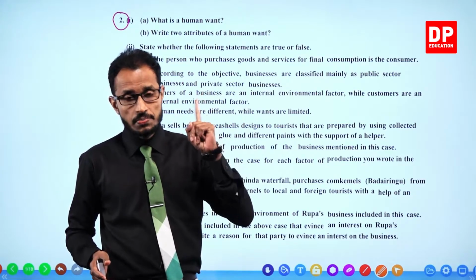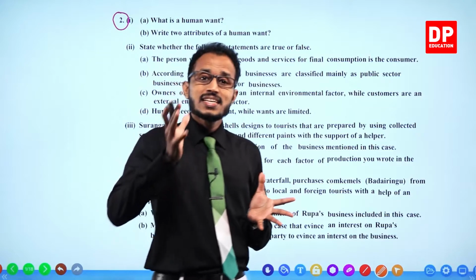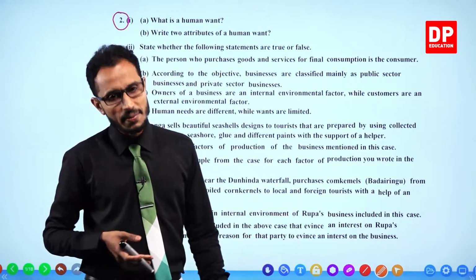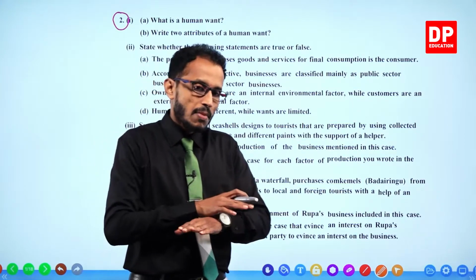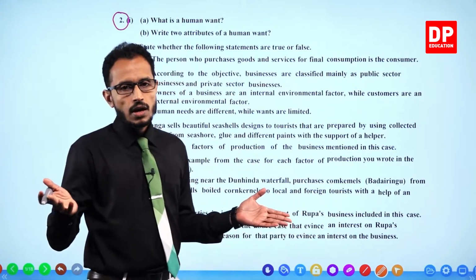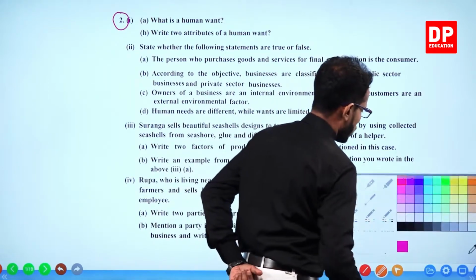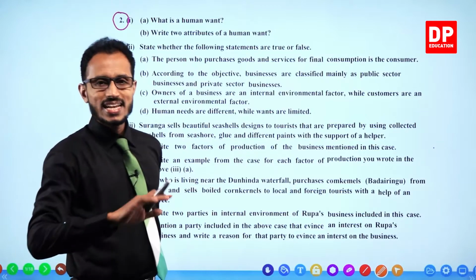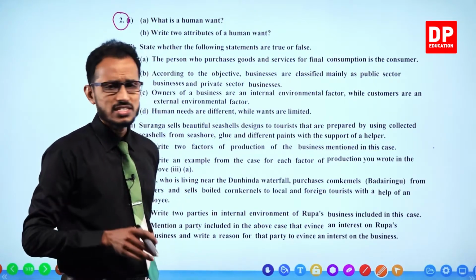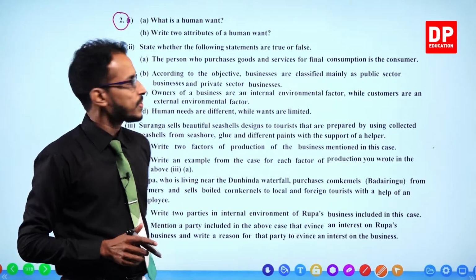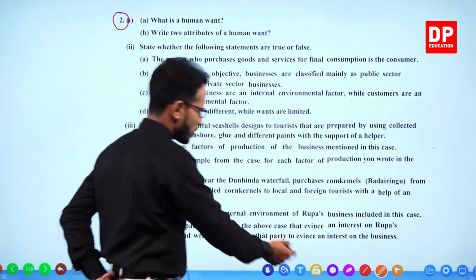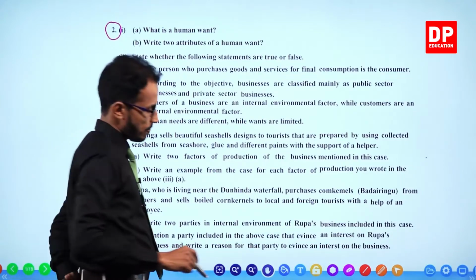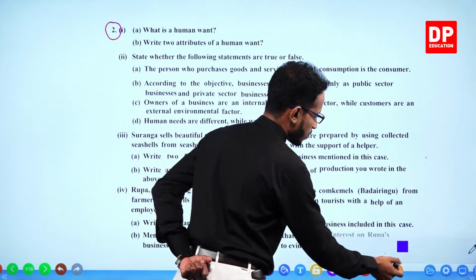Because it is the must do question of the paper, we took a long time to discuss all the 10 subparts and finished that question. But from here onwards, we are going to take the rest of the paper.